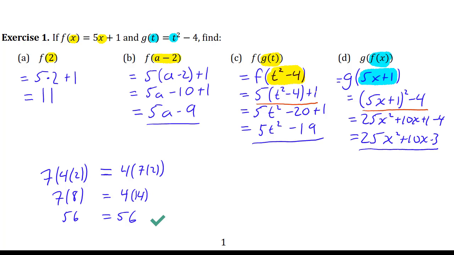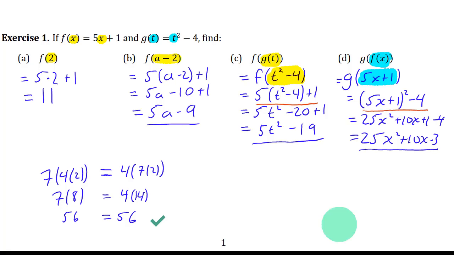There's like an inner function, which is the t squared minus 4, and then an outer function, which is 5 times that plus 1. And the inner function is whatever's getting done to t first. Like if you're going to plug in a number for t, like t equals 3 or something, you do 3 squared first, and then minus 4, and then multiply by 5 and add 1. So that's the inner function.